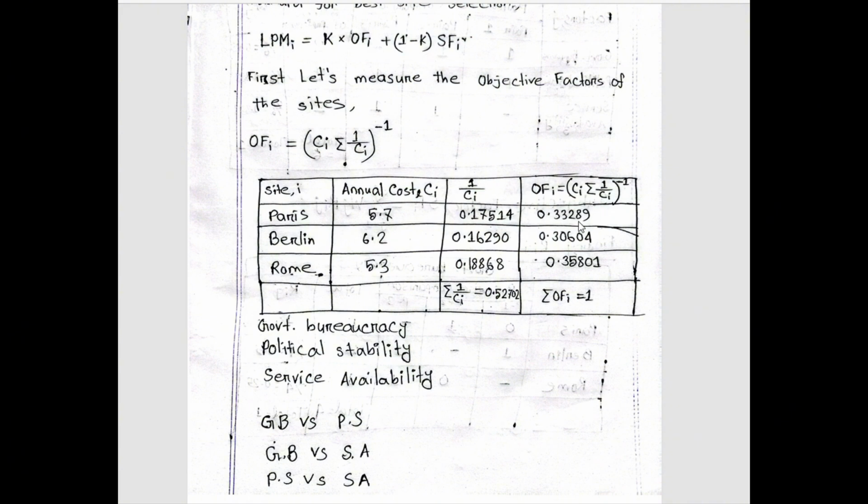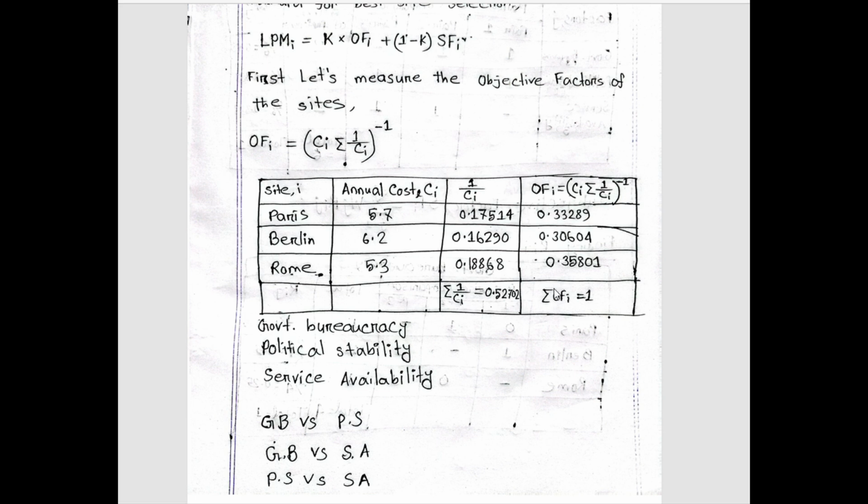After completing the calculation, we have found that the objective factor for Paris was 0.33289, for Berlin was 0.30604, and for Rome was 0.35801. Now this is a cross check, nothing else. You don't have to include this in your exam.